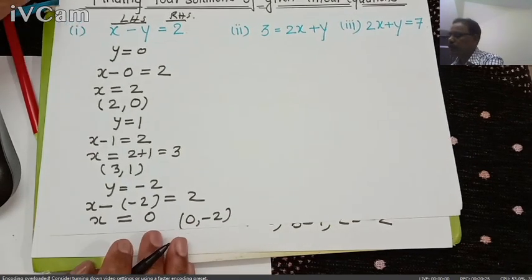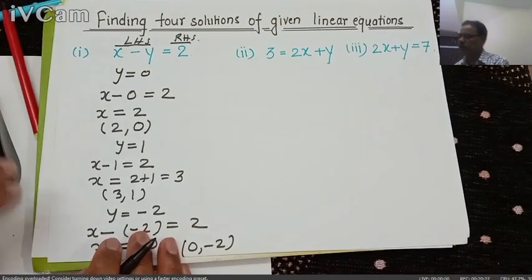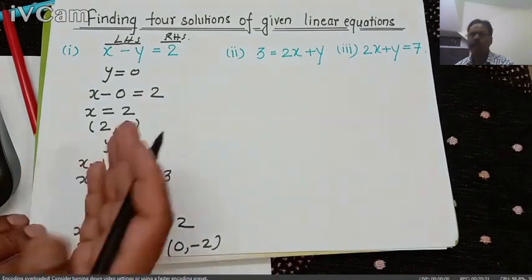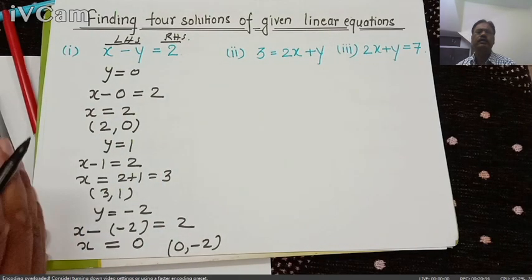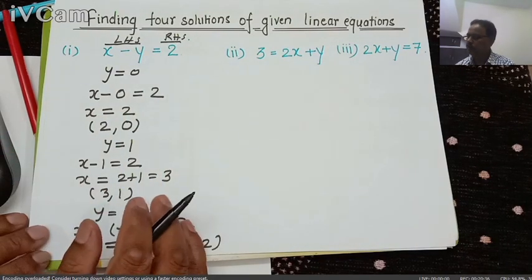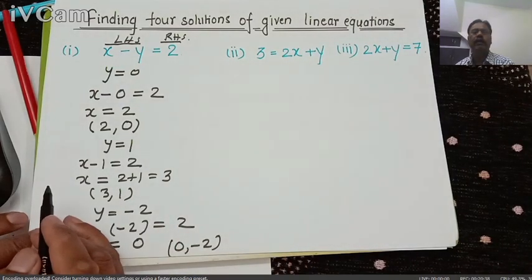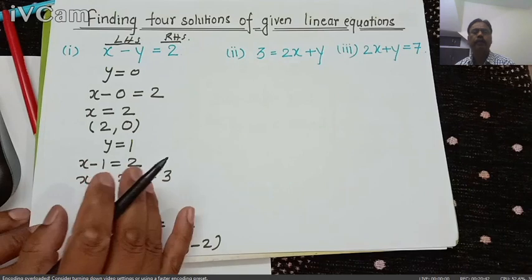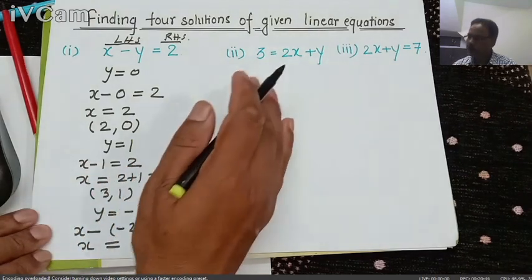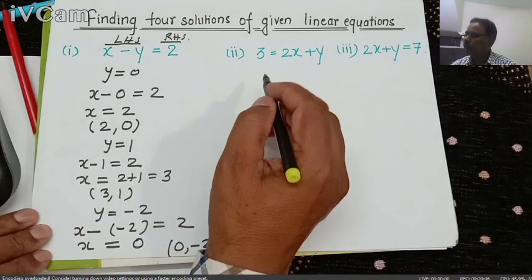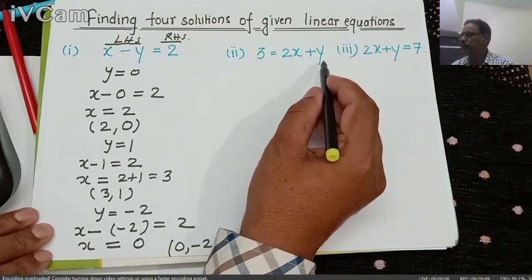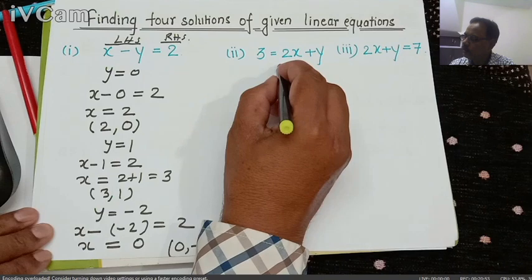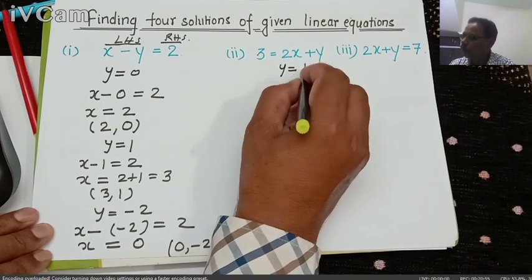So in this way we shall find out the 4 solutions of the equation. 4 solutions, 5 solutions, whatever is asked, you can find out the solutions. So in this way we shall find out the solutions of the given linear equation in 2 variables. Understand this? Now the next, 3 equal to 2x plus y. Again we can put y equal to 1.